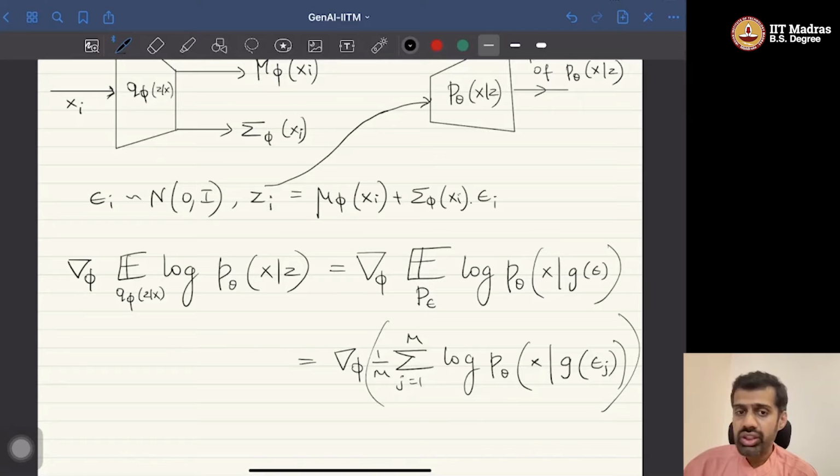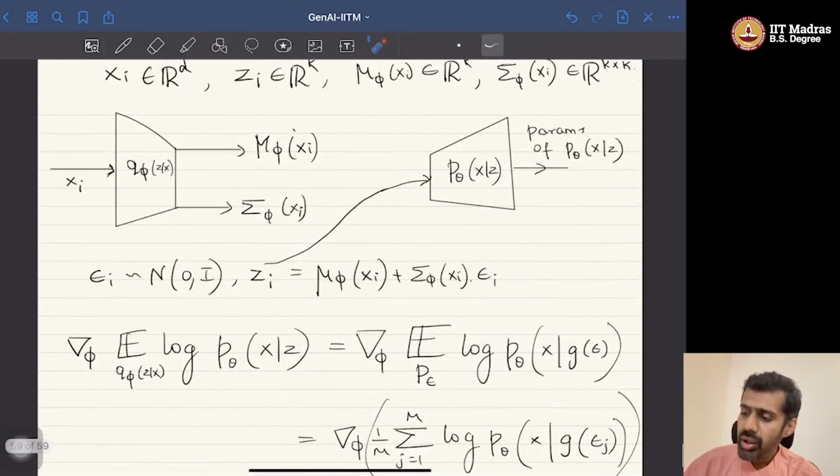So with reparameterization, the expectation with respect to q phi, which was hard to compute, was represented using an expectation with respect to p epsilon, which can be computed now. Now where is this m coming from?